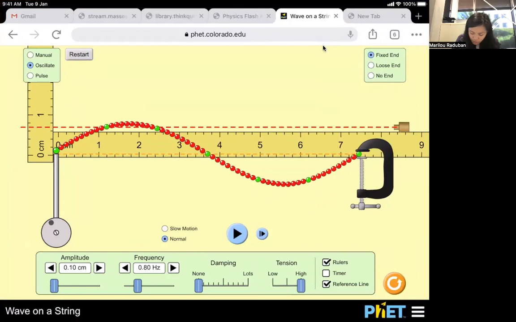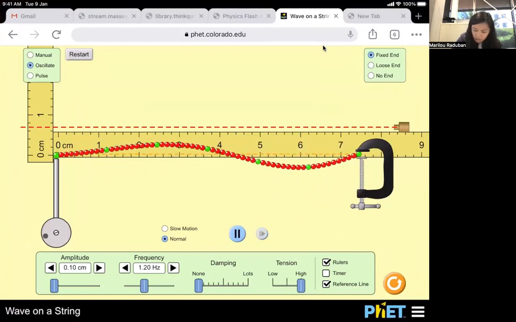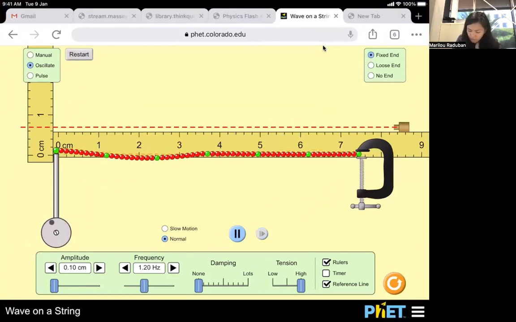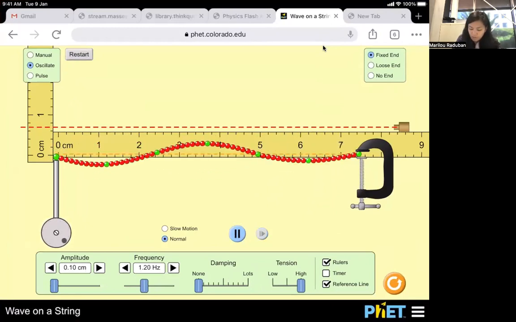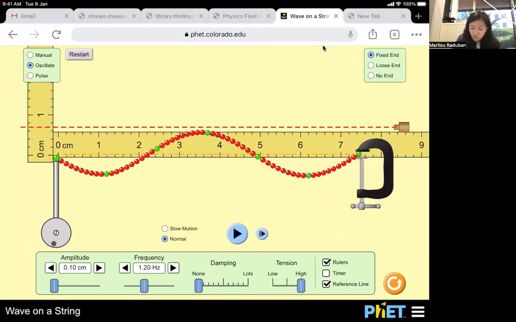If you change the frequency and make it 1.2 hertz, I'll just do this, we're running out of time. Notice how you have three antinodes, 1, 2, 3, and 4 nodes and 3 antinodes.